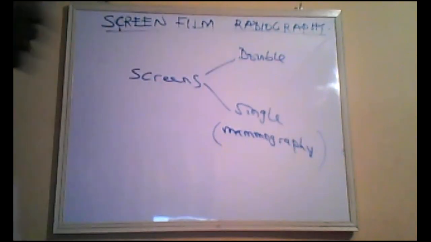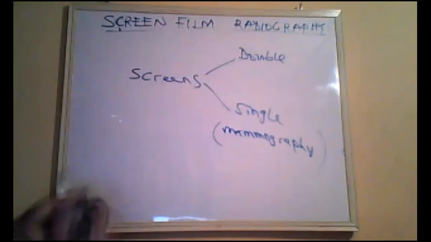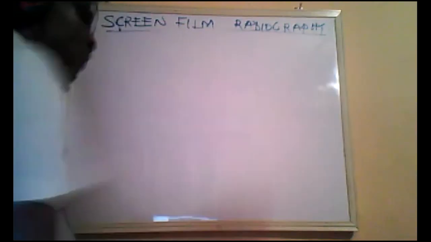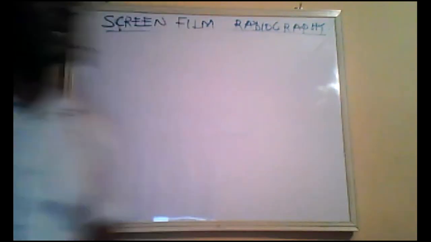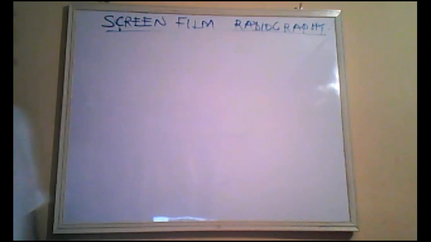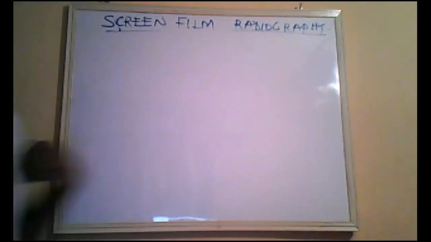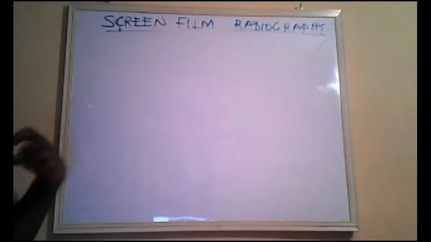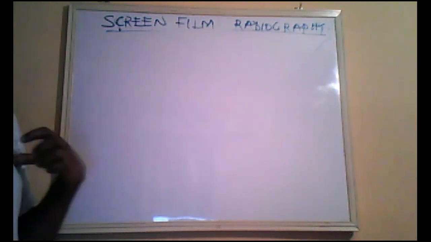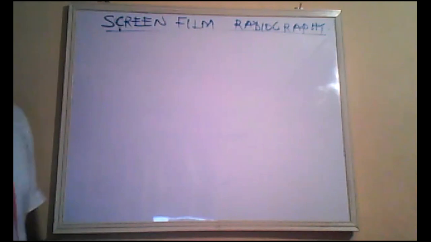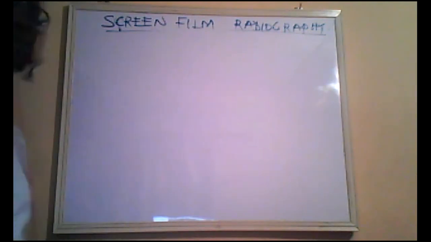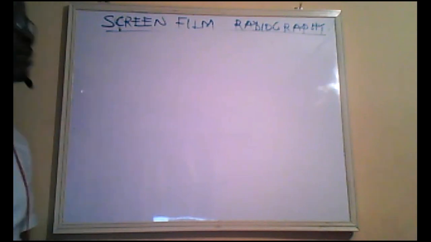So I want to look at some qualities of a good screen. For a screen film system, there are so many materials we have in the screen to make the screen film system as good as possible, because in as much as the screen is there, we want to introduce some other things that will enhance the function of that screen film arrangement.